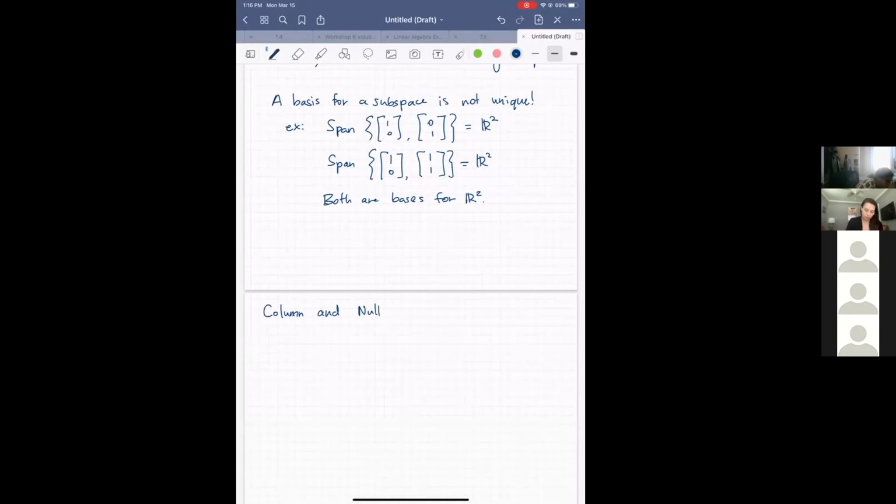These are subspaces that are related to a matrix, right? Okay, so say A is an M by N matrix.